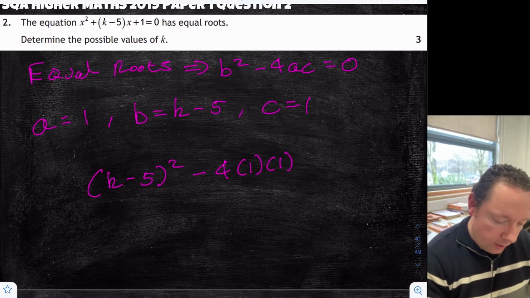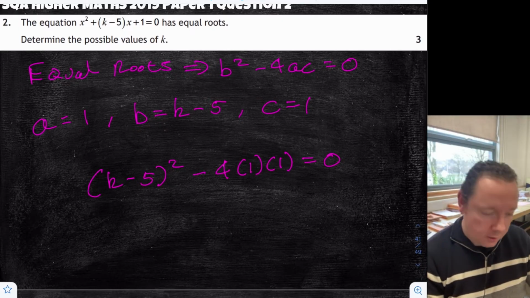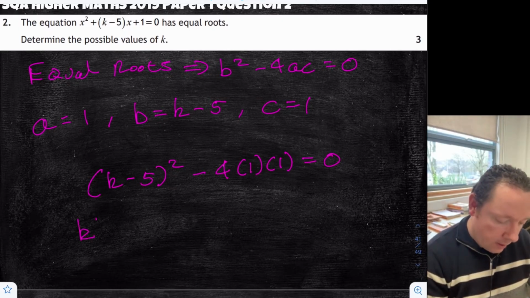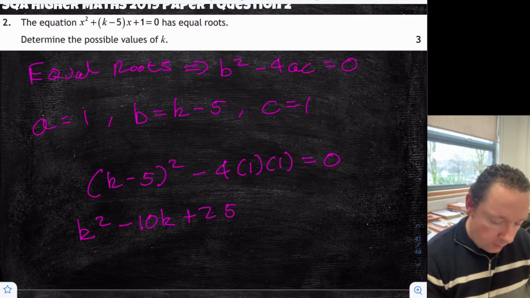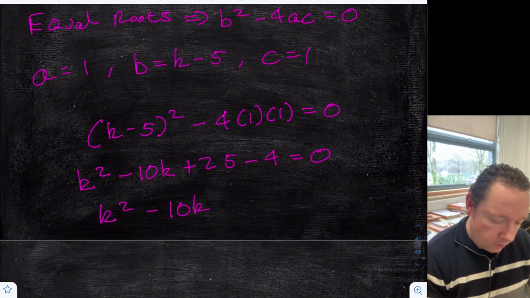So for b squared minus 4ac, we get (k minus 5) squared minus 4 times 1 for a times 1 for c equals 0. Expanding (k minus 5) all squared gives me k squared, minus 5 times 2 is minus 10, so minus 10k, 5 5s is 25. And then we've got 4 times 1 is 4, equals 0. So that's k squared minus 10k plus 21 equals 0.